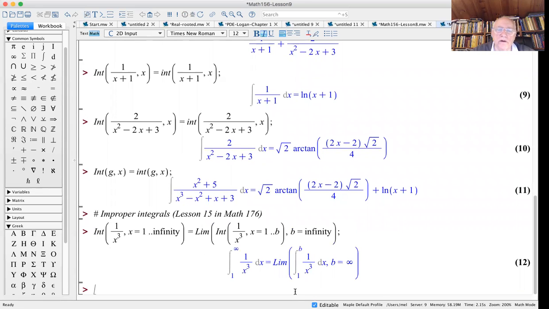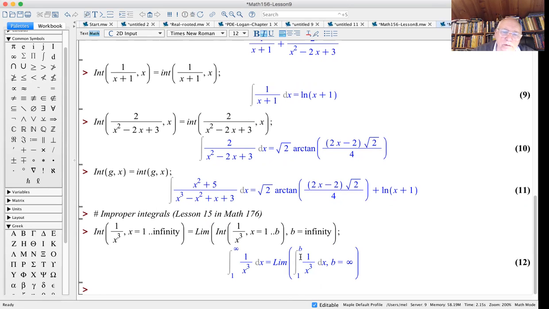So this is exactly how you define an improper integral in Math 176. This is an integral of the first kind, where you have a finite lower limit and infinity is the upper limit.